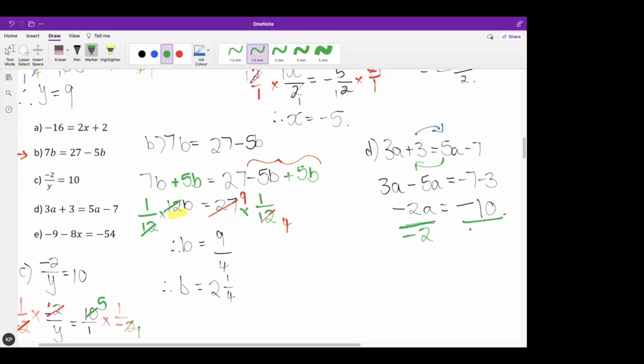Divide by negative 2. Good. Which means on my left-hand side, I'll be left with, therefore, a is equal to, because these two, negative 2 will divide into negative 2 and give you a 1. Now, on my right, a negative and a negative, that means my sign will be what? If I have two negatives, then my sign will be positive, and 10 divided by 2 is 5.